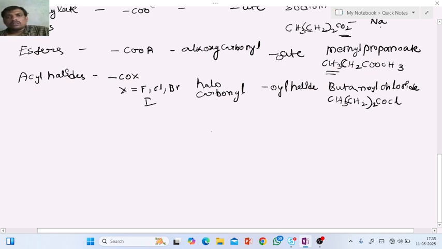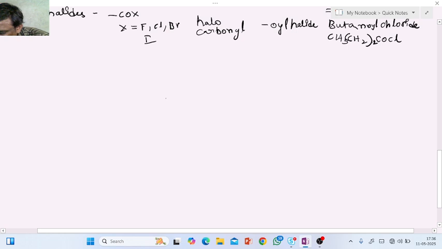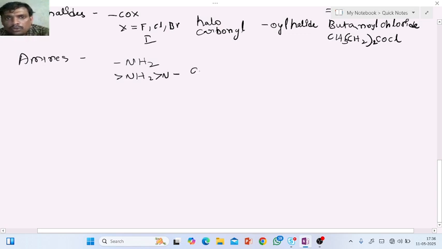After acyl halides, we have amines. How to represent amines? Amines can be represented by NH2. Amino is the prefix, whereas amine is the suffix.